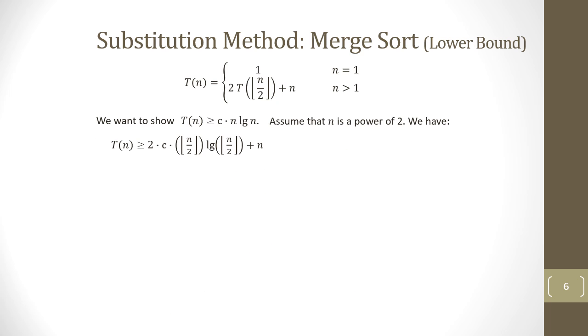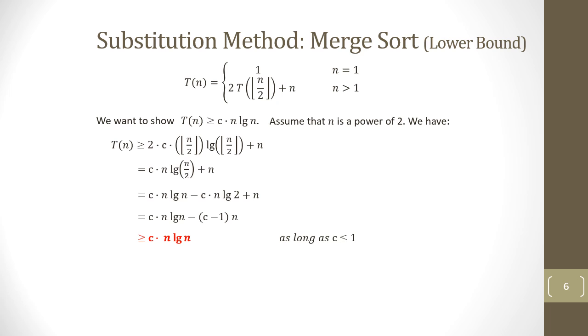We can also prove the lower bound of merge sort using the substitution method, if we can show that T(n) is greater than or equal to c n log n. We plug in the hypothesis in our recurrence equation and we solve. Here we can see the term minus (c minus 1) plus n.